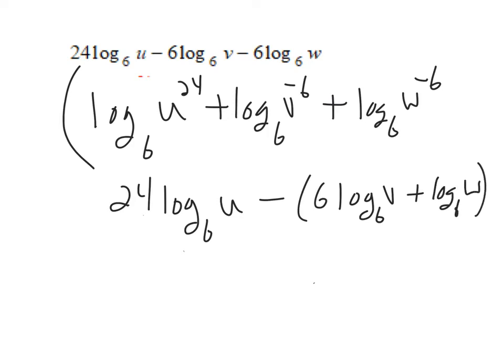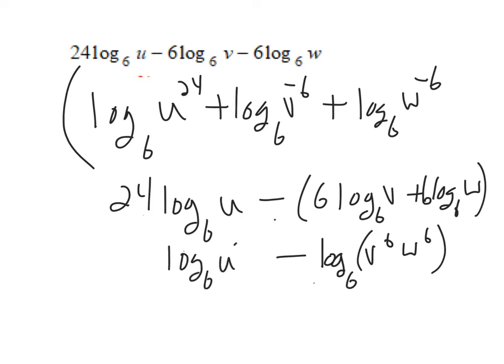Well, I see there's a subtraction sign there. Well, first off, it might be nice to write this as a single log. Is there 6 here? I lost a 6. So those get kicked up as exponents. So can I write this as log base 6 of v to the 6, w to the 6? Are you okay with me making that jump, I hope? Actually, let me get rid of those parentheses. There's this, have that minus sign, and I have that log base 6 of u to the 24th.